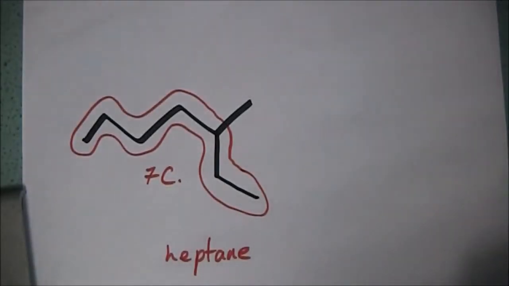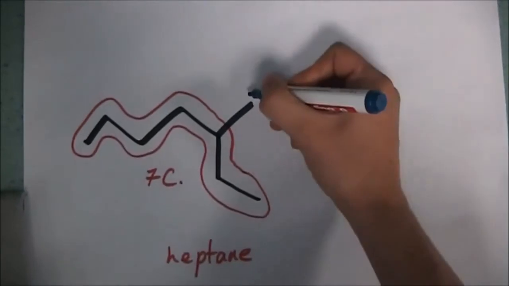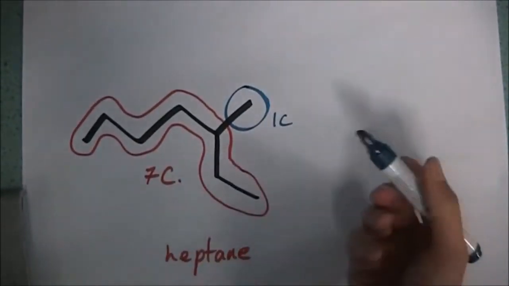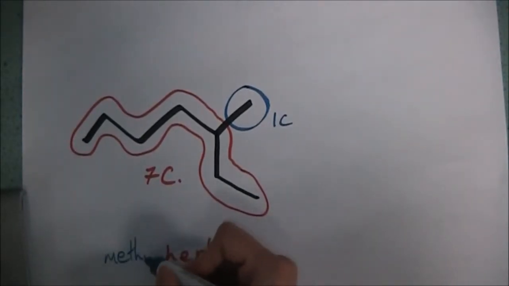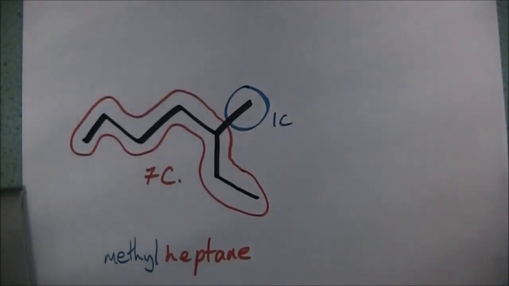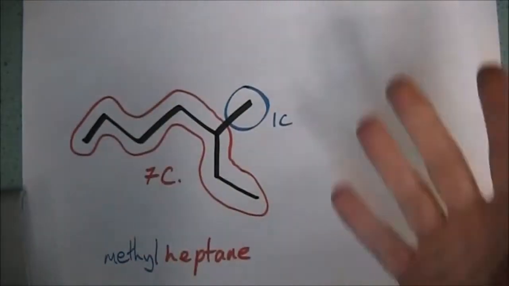So next we need to think, right, okay, well, we've obviously got another group coming off here. There's 1 carbon, which means that we are dealing with some kind of methylheptane. And so all we need to know is the number, where does that methyl group happen, because it could happen here, it could happen here, it could happen here. Where is it?